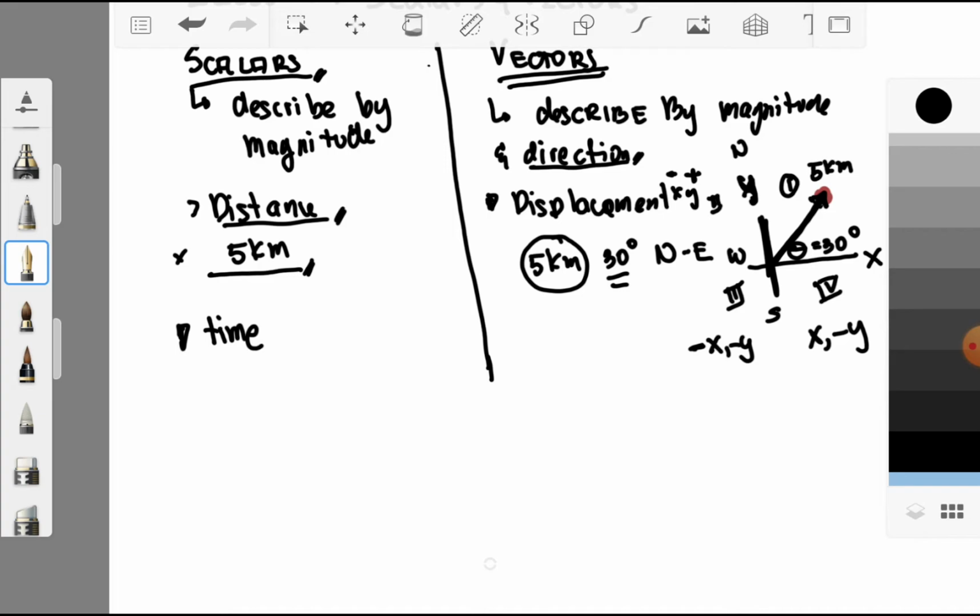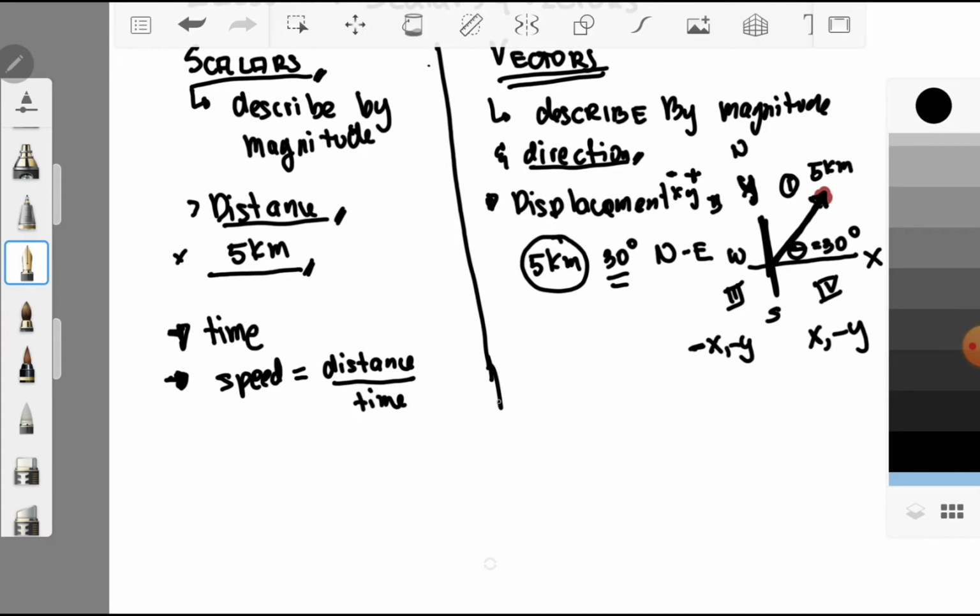Next is speed. This is a scalar quantity. Why? Basically, speed is equal to distance over time.